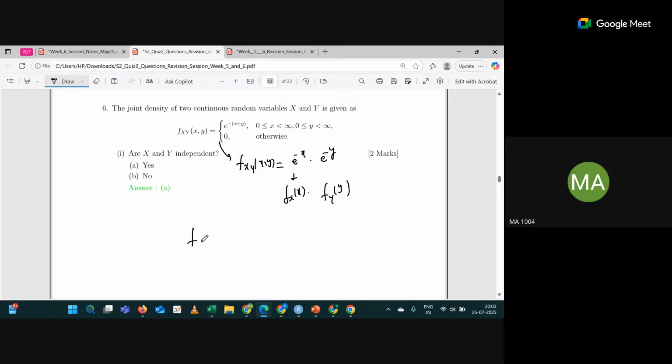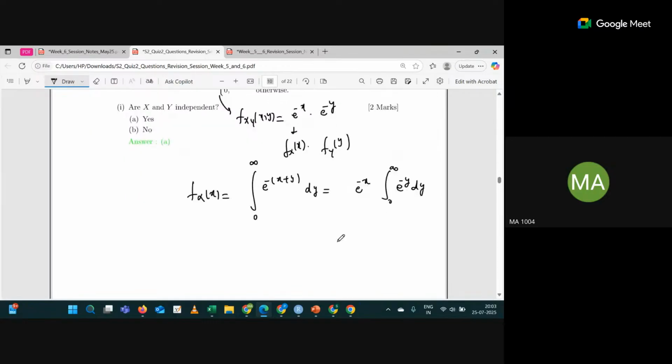So if you solve this fx of x, what you have to do? You have to integrate e raised to power minus (x plus y) from 0 to infinity with respect to y, right? So e raised to power minus x I can take outside because I'm interested in y only, and in that case e raised to power minus x will be constant. So it will be e raised to power minus y dy. That is one of the smartest approaches, but you can cross check here.